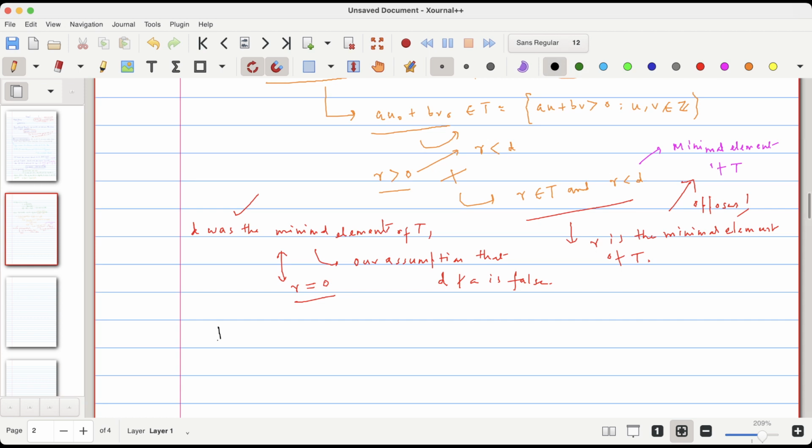Now, in a similar way, one can show that D also divides B. Very same way. You use contradiction.